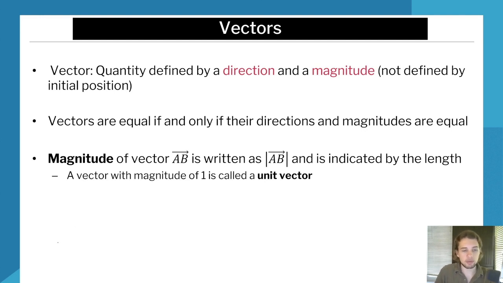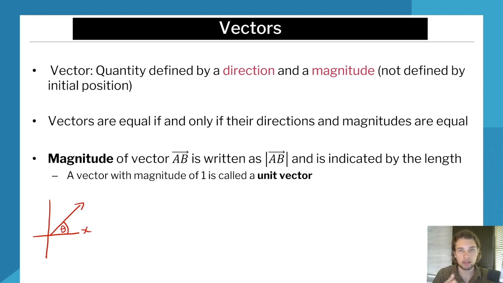So we like to represent vectors with arrows, where the length represents the magnitude and the direction is represented by the way that the arrow faces. So let's say if it's on a plane, the direction we could think of as maybe the angle from the x-axis, which is a very common way to consider the direction of a two-dimensional vector.